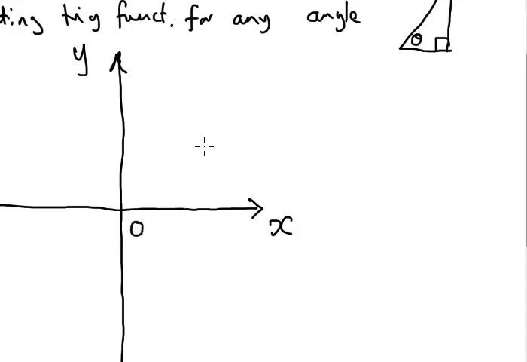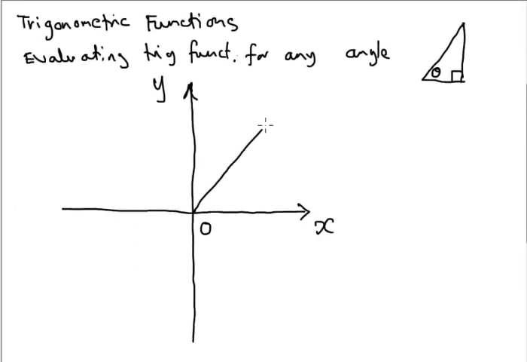Now, maybe we have got something like this. What is important here? I think you must understand what an angle is, first of all. If I put an arm here, starting from the origin, then I can say that is the arm of an angle. But first of all, what is an angle?